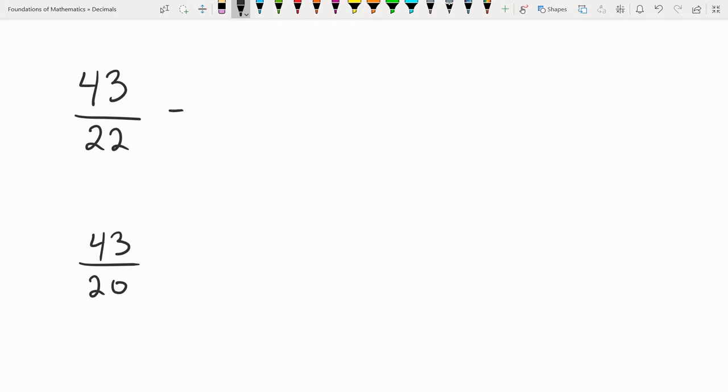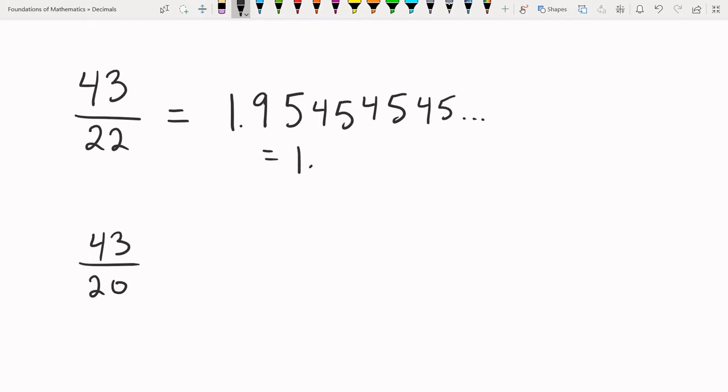Putting this into a calculator, we get 1.954545, and it continues on indefinitely. That means that we actually have the same thing as 1.954 repeating. The 54 repeats indefinitely.